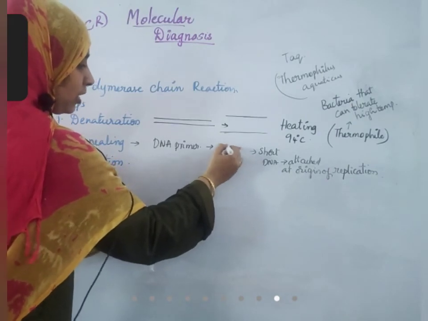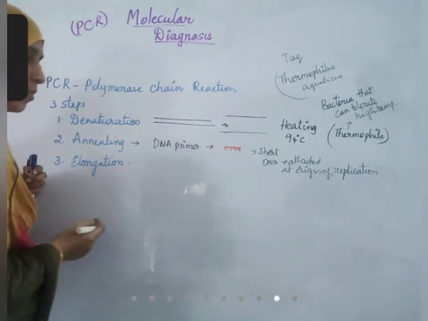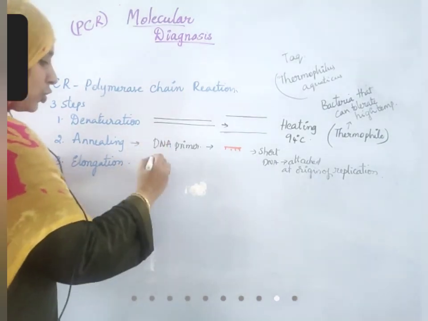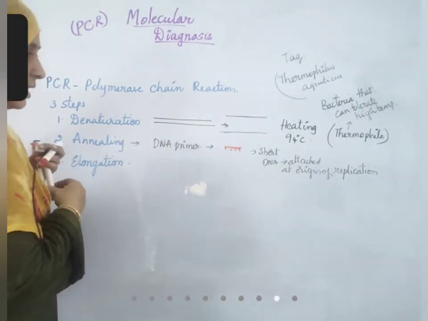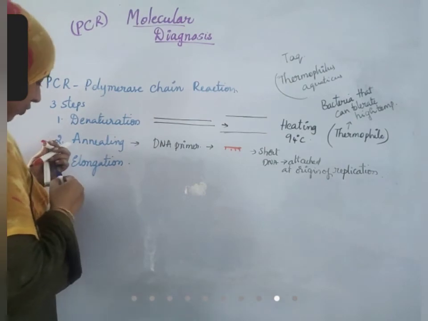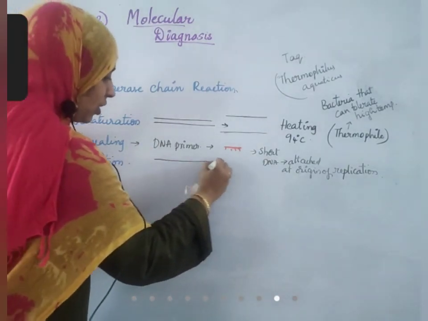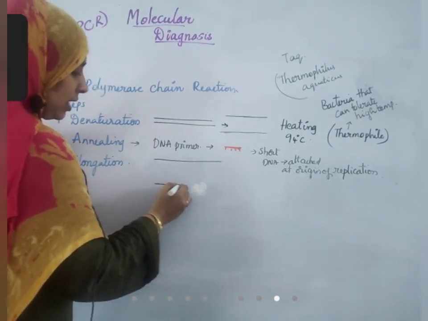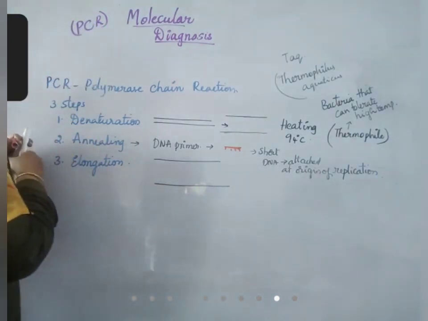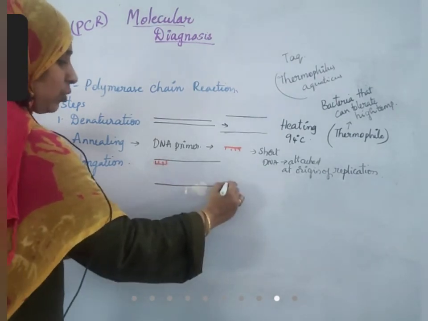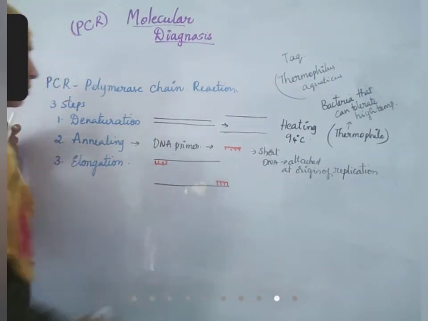This is that short length of DNA. During the process of annealing, this attaches to DNA. So we have DNA here. This is the DNA, strand 1. This is the DNA, strand 2. So here one primer is attached. Here one primer is attached.